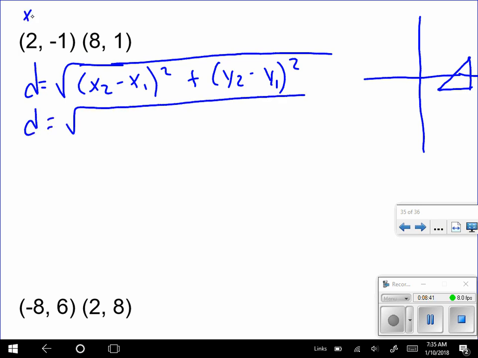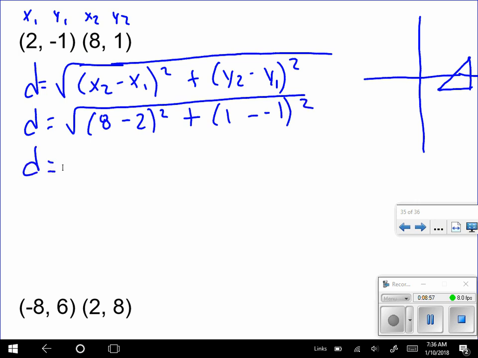Okay, so let's look at this one. We've got x1, y1, x2, y2. So we have 8 minus 2 squared plus y2, which is 1, minus -1 squared. Now we start with our math. Always parentheses first, so we get 6 squared plus 1 plus 1.